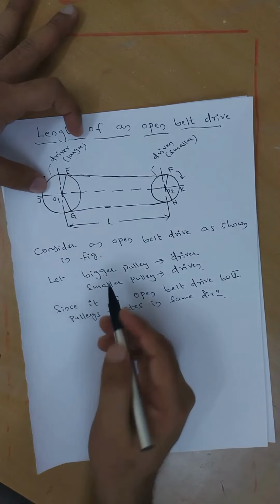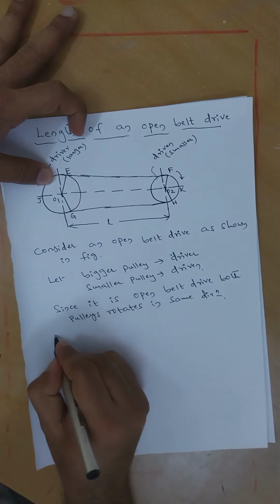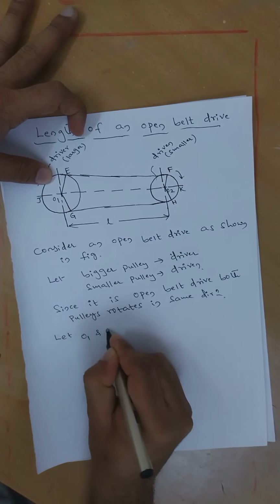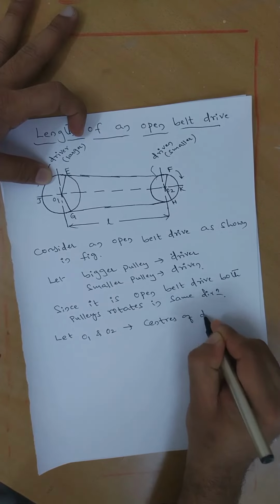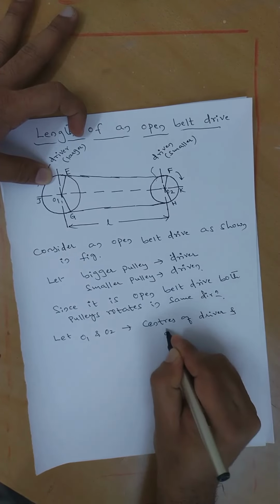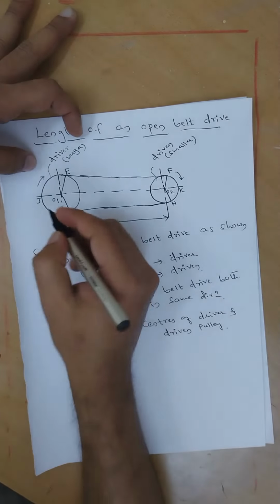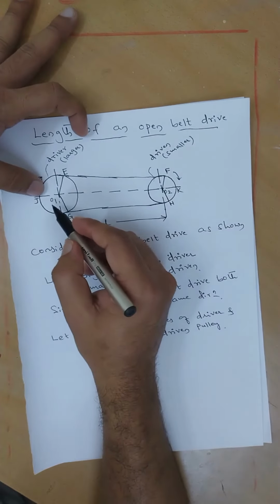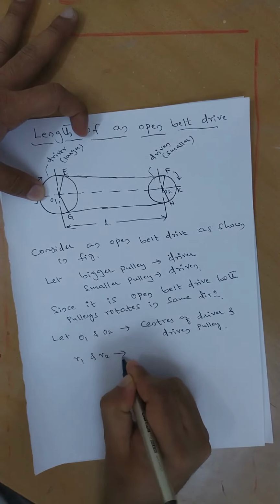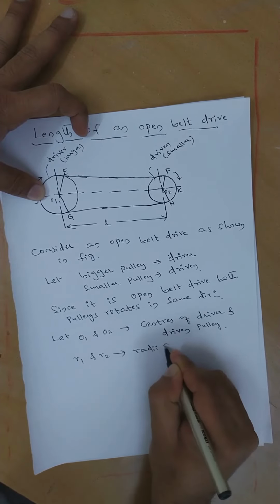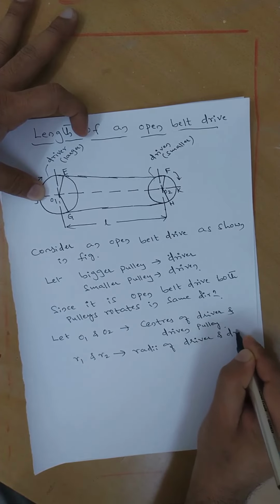Here O1 and O2 are the centers of the driver and driven pulleys. R1 and R2 are the radii of the driver and driven pulleys: R1 is the radius of the larger pulley and R2 is the radius of the smaller pulley.